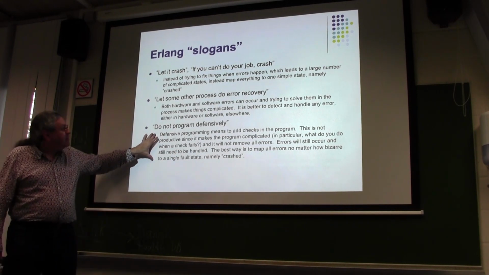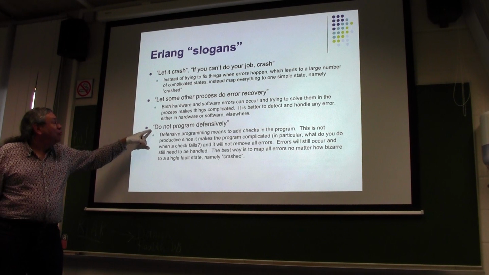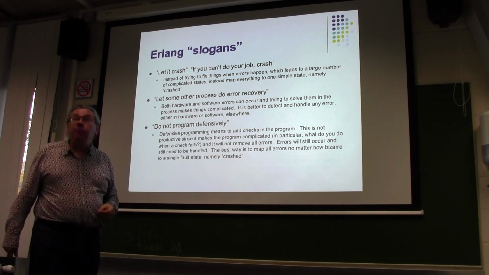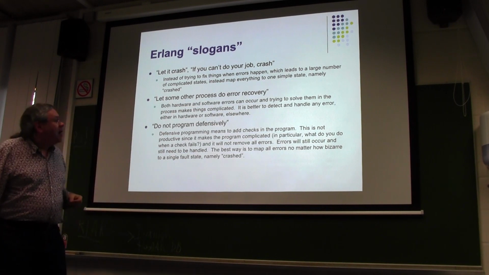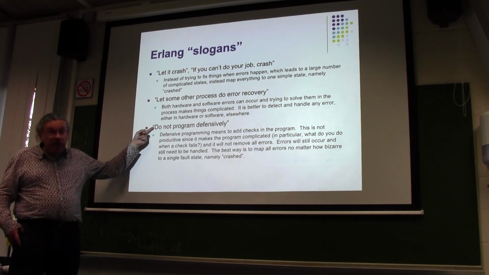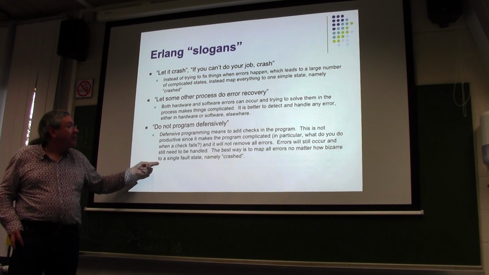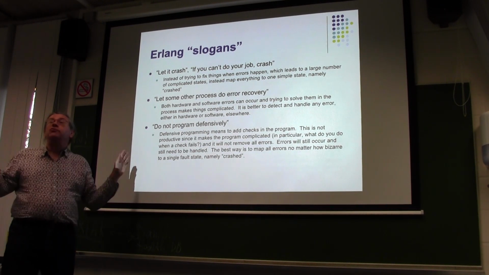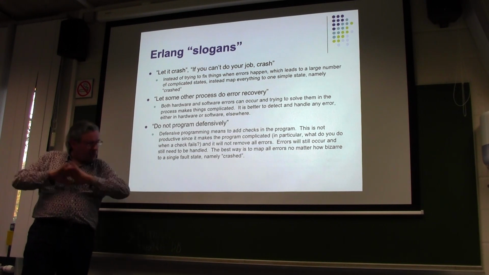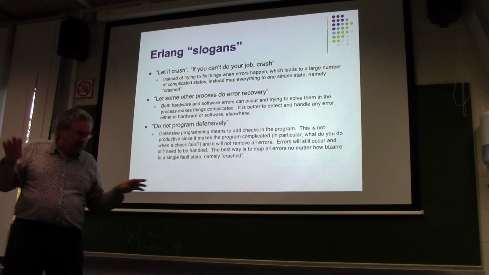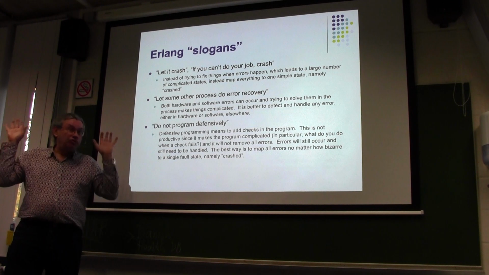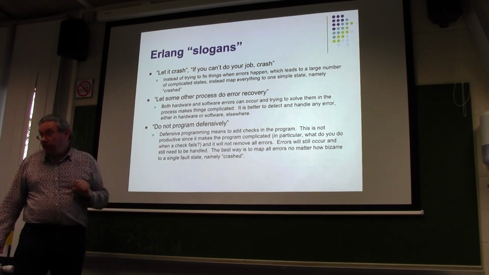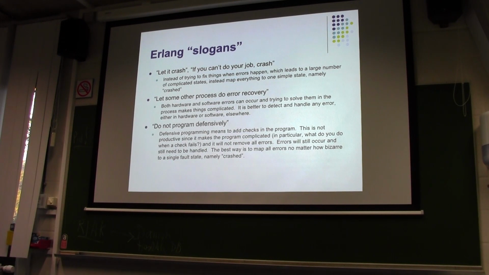So the Erlang idea is that this is fundamentally wrong. Don't do defensive programming. The advantage of not doing it is that your program is a lot simpler. And if there are errors, just crash. Don't try to do any kind of check or testing or fixing the state. Just crash, a single fault state. So no defensive programming.